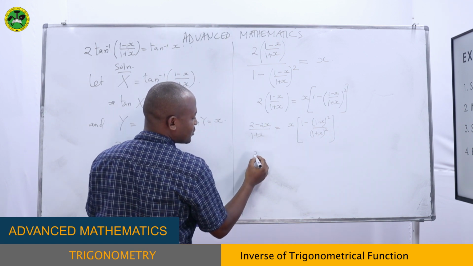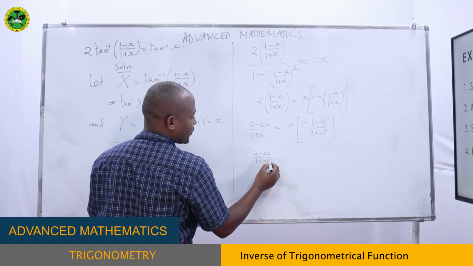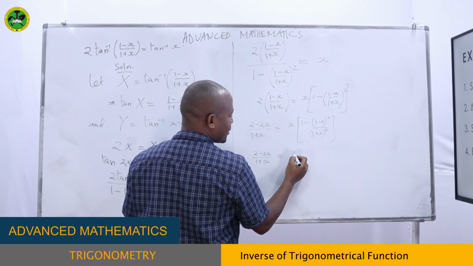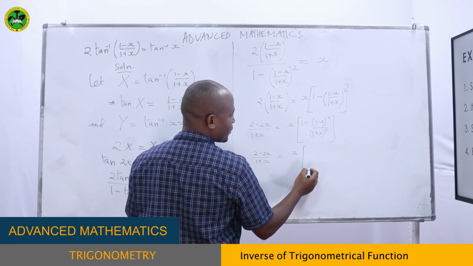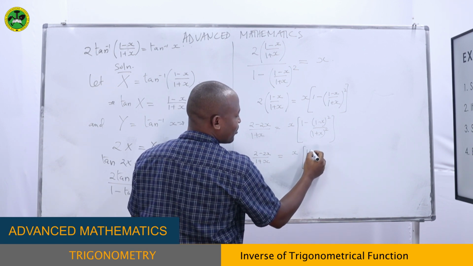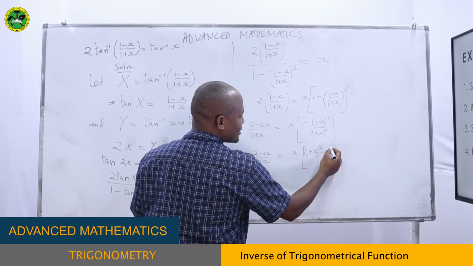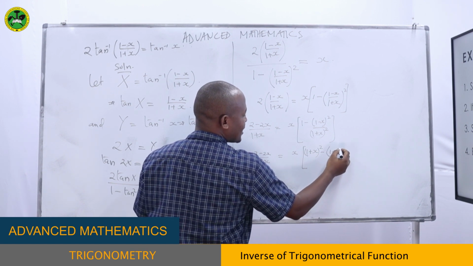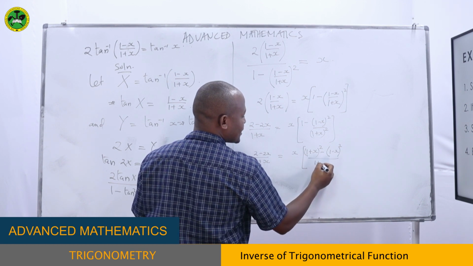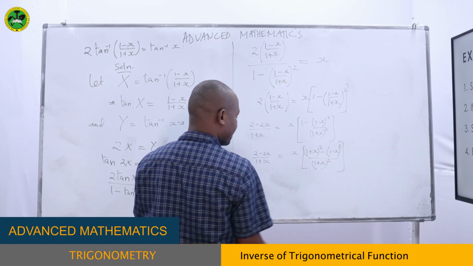So here we have (2 − 2x)/(1 + x) equals to, let's open that side, x, and then if you add this, it will be ((1 + x) squared minus (1 − x) squared), then over (1 + x) squared.